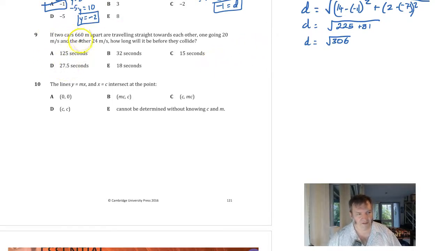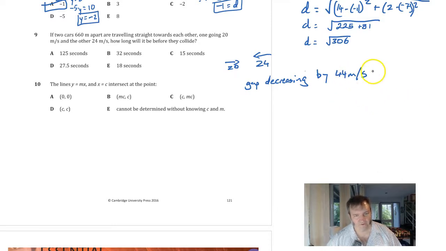Finally, question 9 here. Two cars are 660 metres apart, travelling towards each other. One going 20 metres per second, one going 24 metres per second. If they're going in opposite directions, then the gap is closing. The gap is decreasing by 44 metres per second. 20 from one car, 24 from the other.